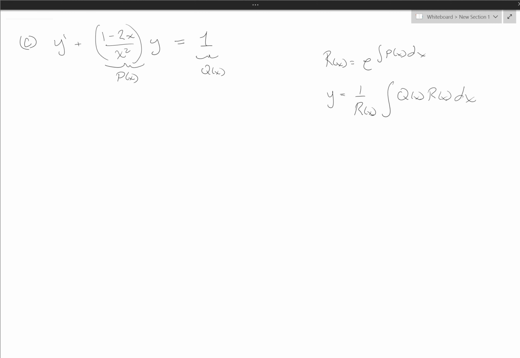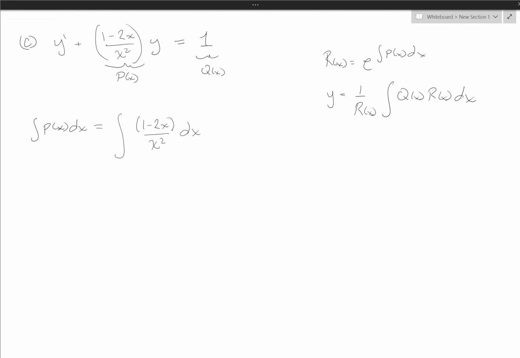So what we need is the integral of px dx. Okay, that's what we need here. So that's the first thing we need to do. So the integral of px dx is given by the following integral. It's the integral of 1 minus 2x over x squared, okay, dx.